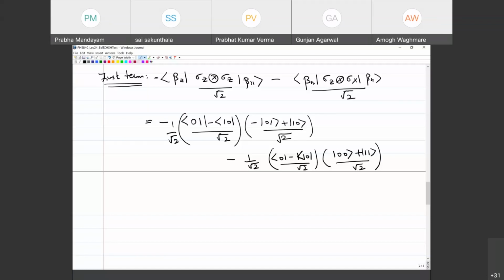Okay? So you see the benefit of writing it like this. Basically, this then boils down to the expectation value of the inner product between two of the Bell states. So what is the second term? Inner product between two of the Bell states? Zero. Yeah, the second term will vanish. So what does the first term give you?